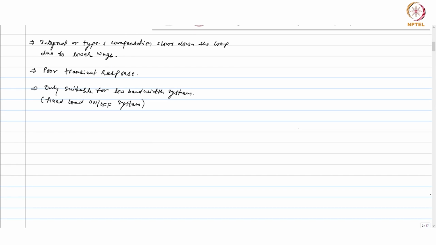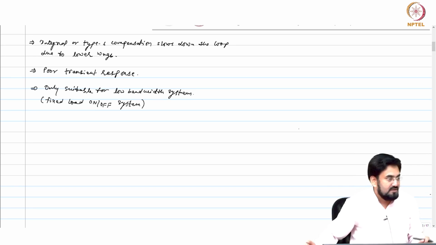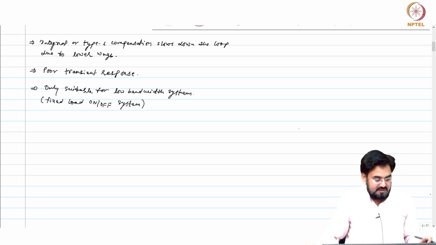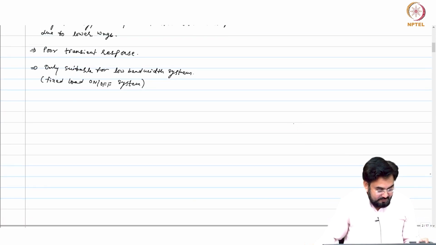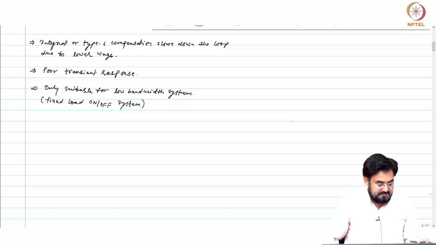We talked about type 1 compensator, which is nothing but dominant pole or integral compensation, where we push the LC poles out of your UGB by introducing an integrator in your loop and keeping the bandwidth very low, or the integral gain is very low. So, this is only suitable for slow systems.